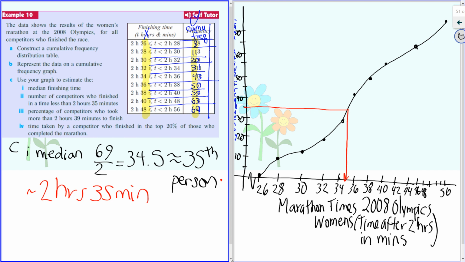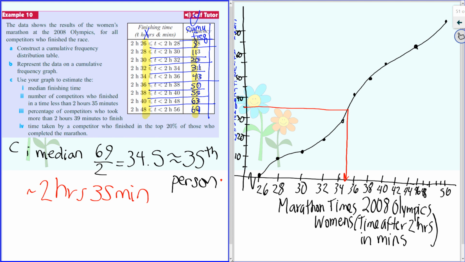If we used the table as in the previous lesson, the 35th person would be somewhere in this range, because this goes to 31 people, this goes to 43. So it still would track, and it would be a similar answer that way.